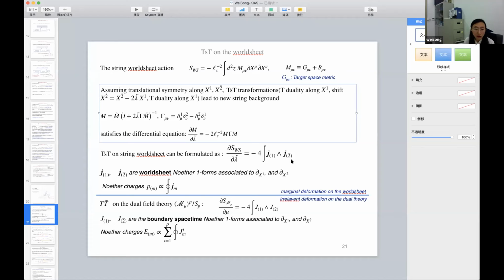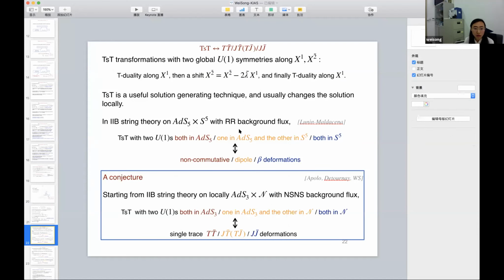Before giving the evidence, this TsT transformation has actually been discussed in the literature on dipole deformation and non-relativistic deformation in other contexts.